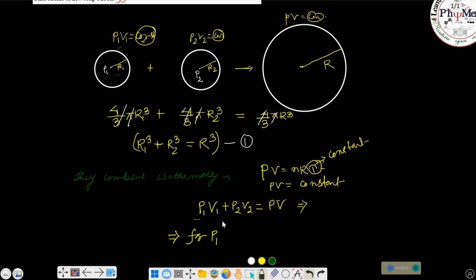Now if P1 is the pressure here, and the surrounding pressure is P0, then we can write P1 minus P0 is equal to 4T by R1. From this we have P1 is equal to P0 plus 4T by R1.